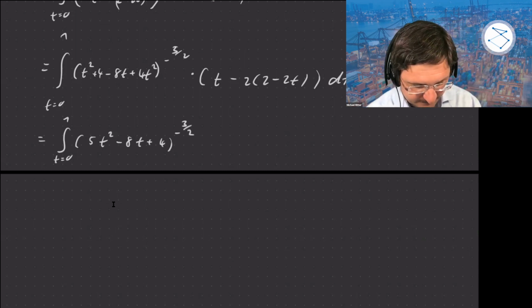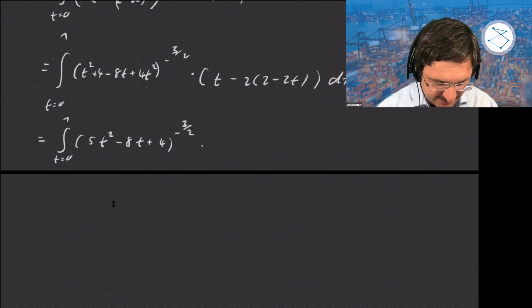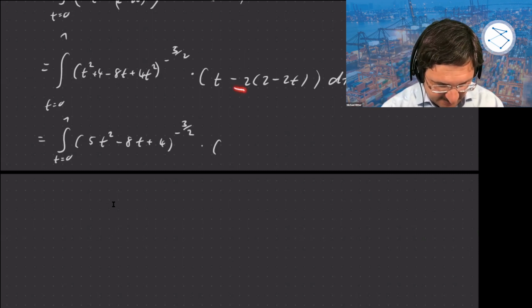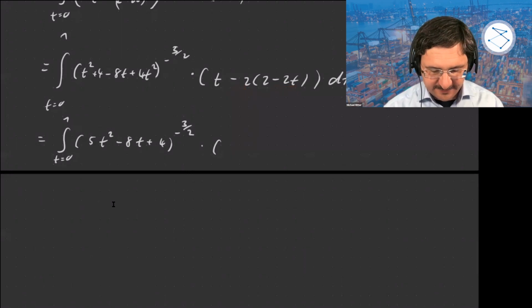Okay, so we get the integral from 0 to 1 of t squared plus 4t squared, that's 5t squared minus 8t plus 4, to the power of -3/2, times, and here we get, let's see, -2 times -2 is 4t, plus t, that's 5t.